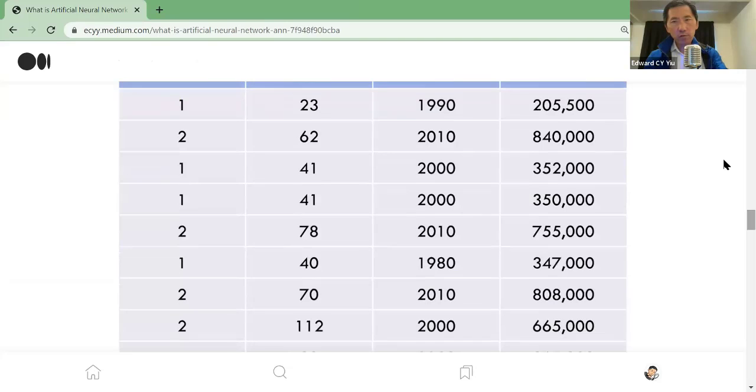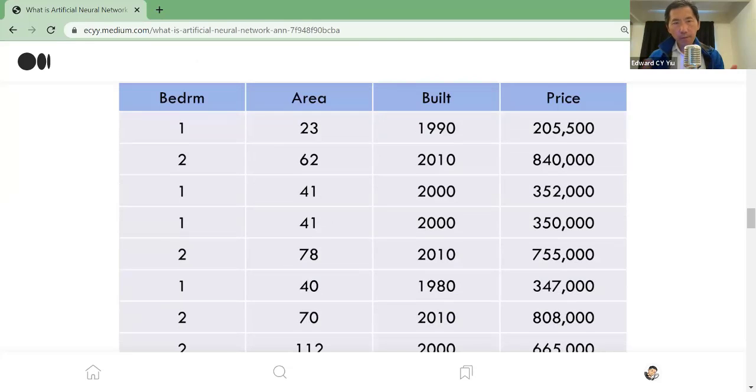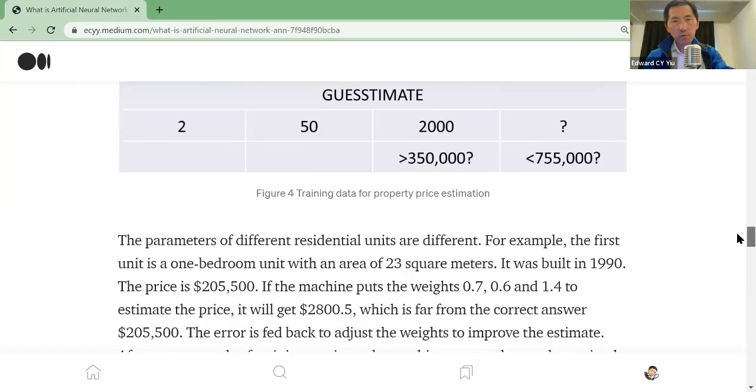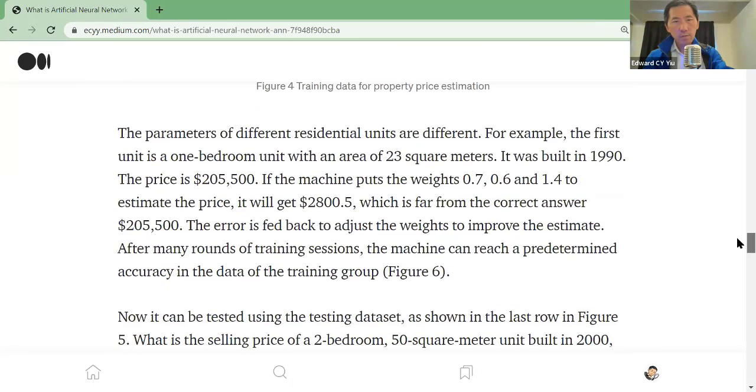Say, for example, the first one, right, a 1-bedroom, 23 square meters floor area, the house was built in 1990. Then we ask the machine to guess what would be the market price. And we provide the actual transaction price for the machine to learn.